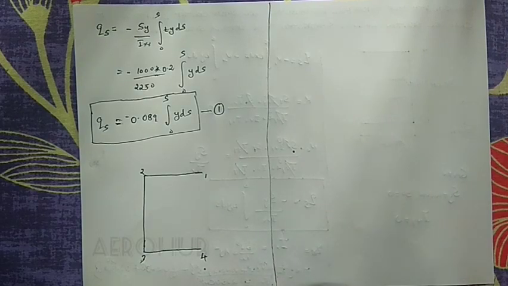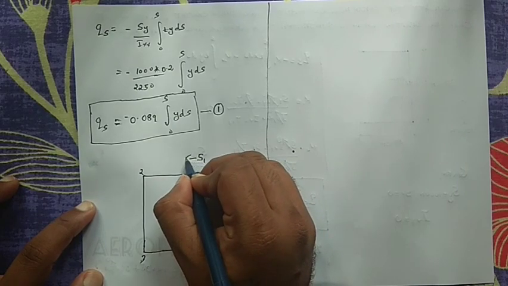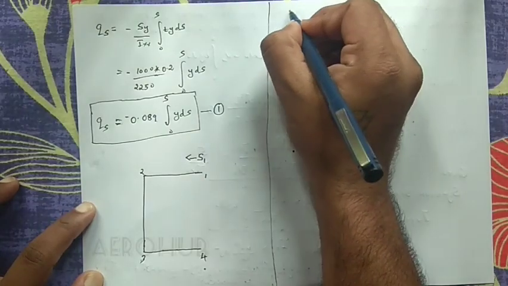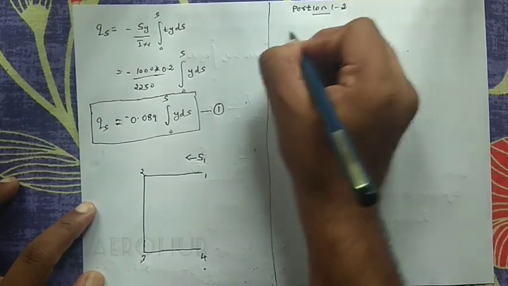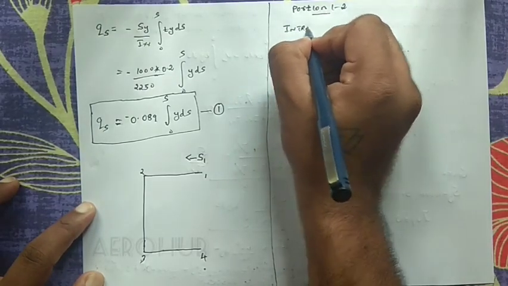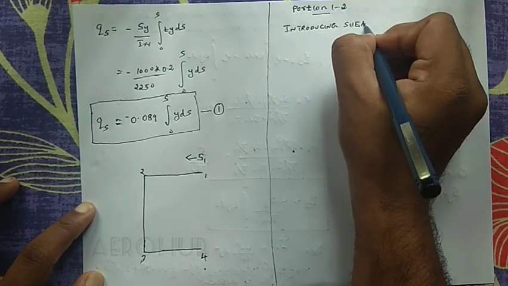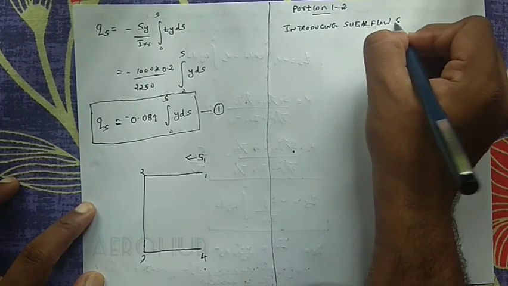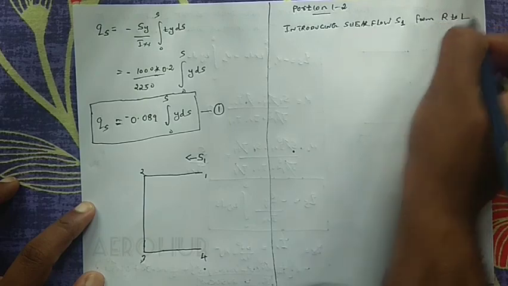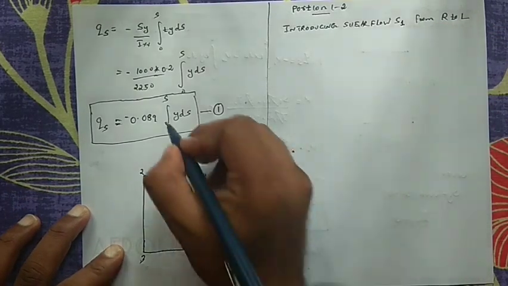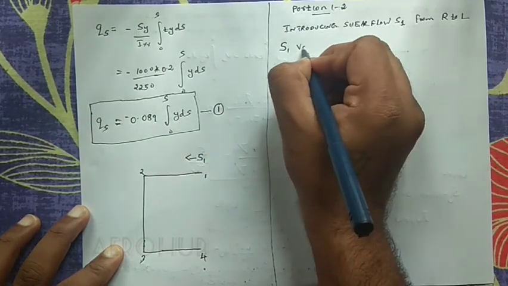Okay, so for portion 1, 2, we will introduce a shear flow S1 from right to left. In this equation we don't have the x term.